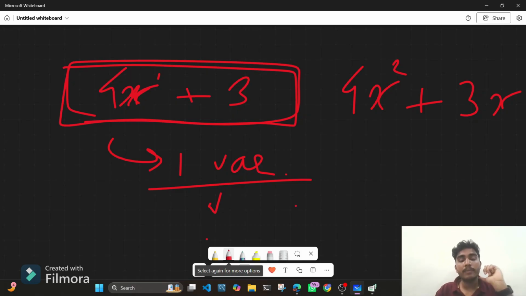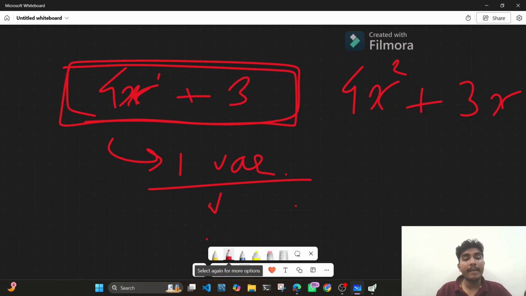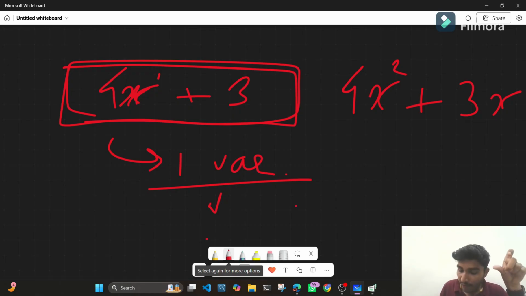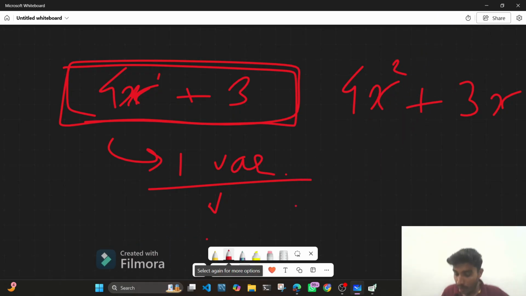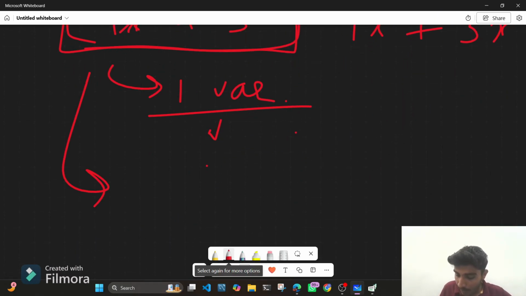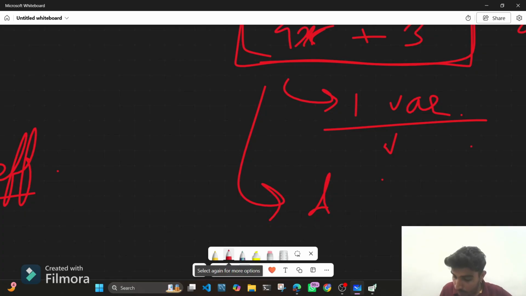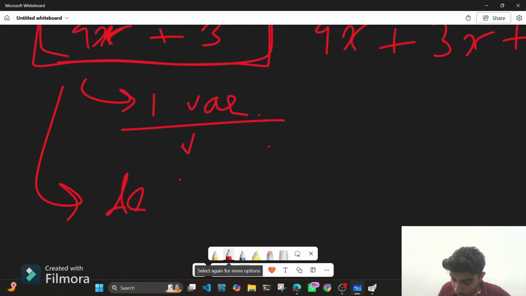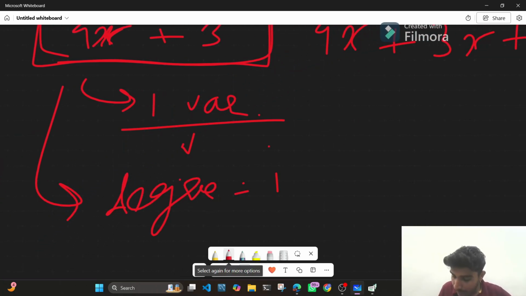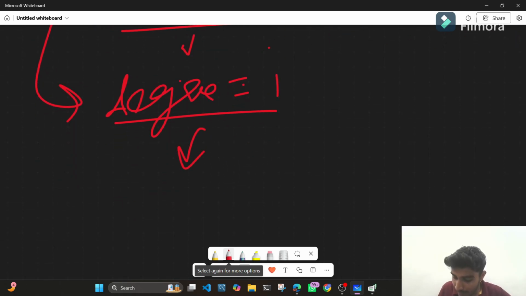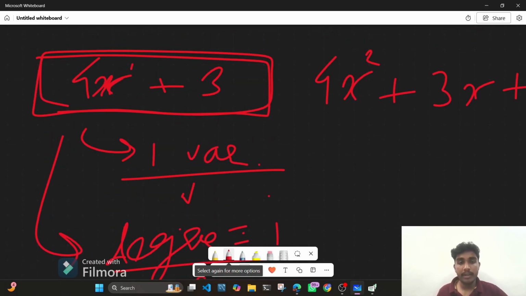So the highest power of a variable in an algebraic expression or a polynomial is called the degree of the polynomial. Here the highest power of x is 1, so the degree of this polynomial is 1. When the degree of a polynomial is 1, it is called a linear polynomial. I hope this is clear.